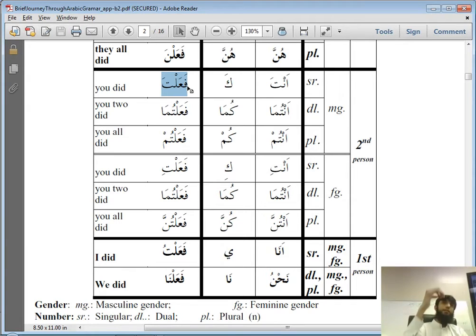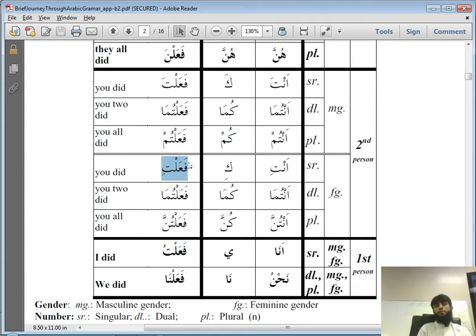So labithta, you stayed, labithtu, I stayed, and then again labithta, you stayed. This is talking about the story in juz 3, but there are many other examples as well. Khalaqta is you created. Fa'altuma is you two did some action. Fa'altum is you all did some action.